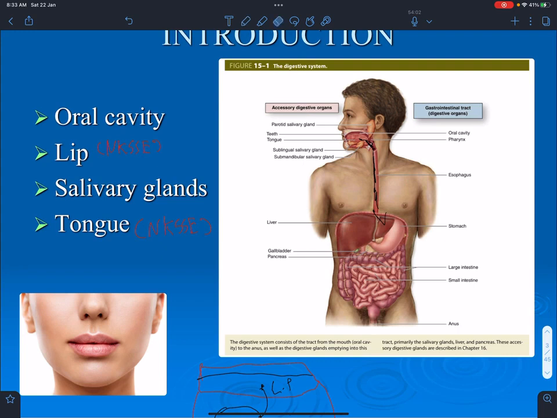So the point is, knowing their anatomy and basic physiology, how does this apply to histology? Well, you have to remember, is it logical for your lips, for instance, and your tongue, and let's say the main duct of your salivary gland, to be lined with something like simple columnar epithelium, like those in the stomach and the duodenum? Of course not.